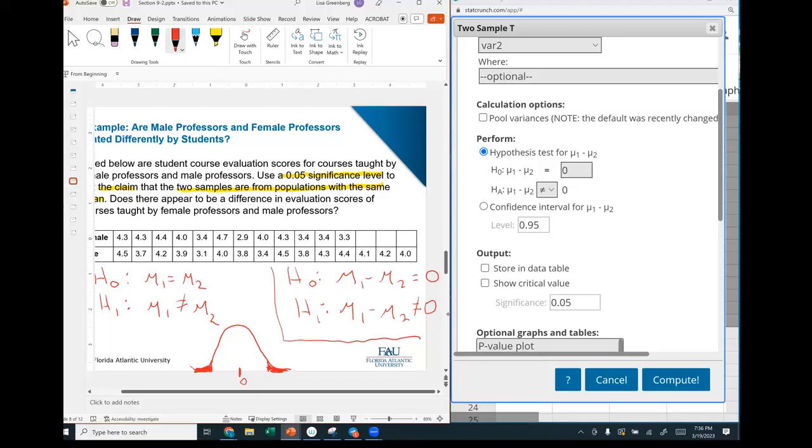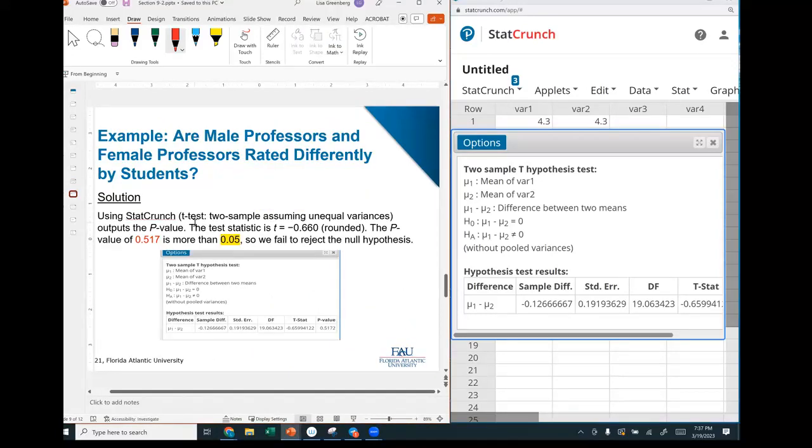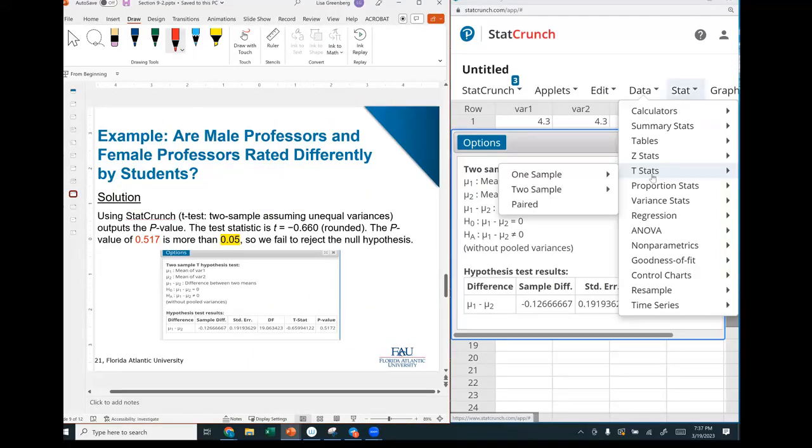If it was greater than, I would only have a one-tailed test. If it was less than, I would only have a one-tailed test. But I have a two-tailed test. I want my hypothesis test for this. I hit compute, and here's my information. This is using StatCrunch, T Stats, Two Sample, With Data.